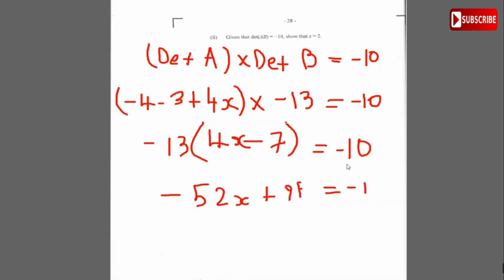I bring over the 91 by subtracting 91 from both sides. And I get minus 10 minus 91. That's minus 101. And that's giving me minus 52x. I divide through, I'm getting 1 point something. What went off now? Is the determinant of A right?